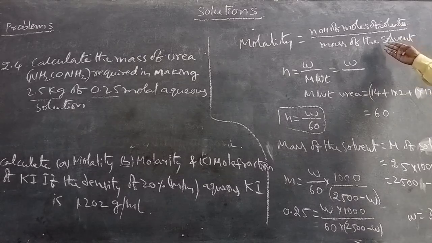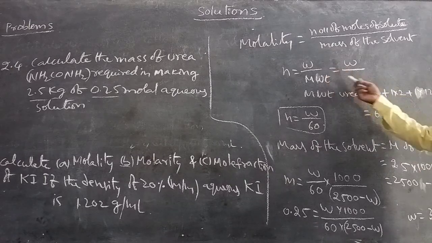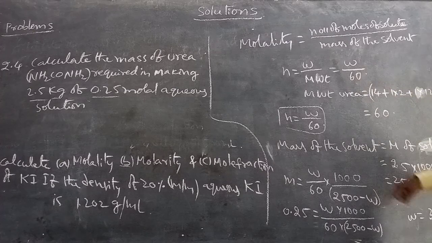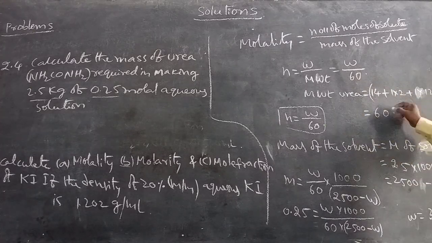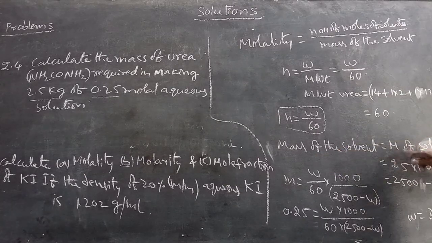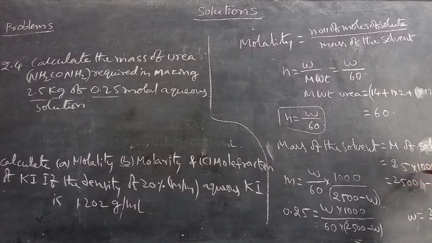Molality means number of moles of solid divided by mass of the solvent. Number of moles means weight by molecular weight, that is W by 60. The mass of the solvent equals mass of the solution minus mass of solid. Mass of solution, 2.5 kg, into 1000 grams, is 2500 grams.